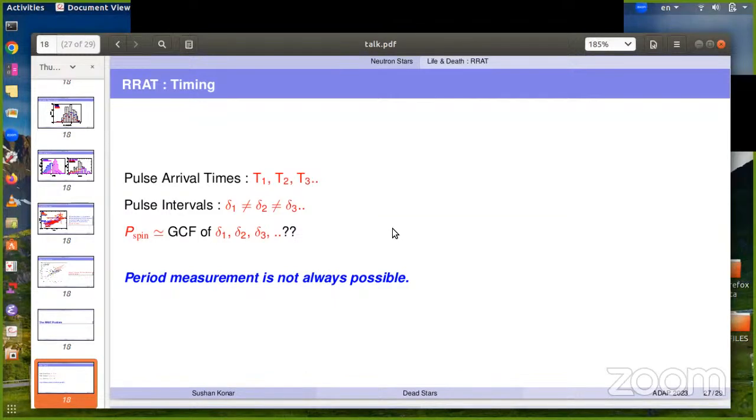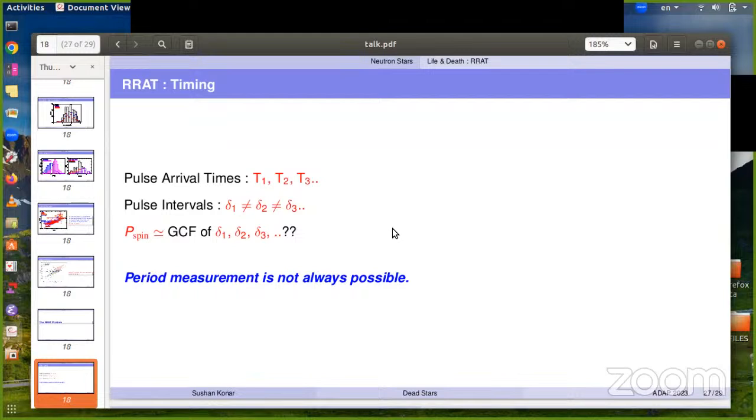So t2 minus t1 is my first pulse interval, let me call that delta 1. t3 minus t2 is my second pulse interval, let me call it delta 2, and so on and so forth. Now these delta 1, delta 2, delta 3 are not equal. One delta could be 5 seconds, another could be 2 days, and so on and so forth. Okay. So what is the period?